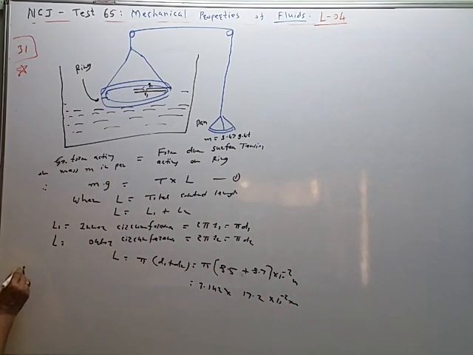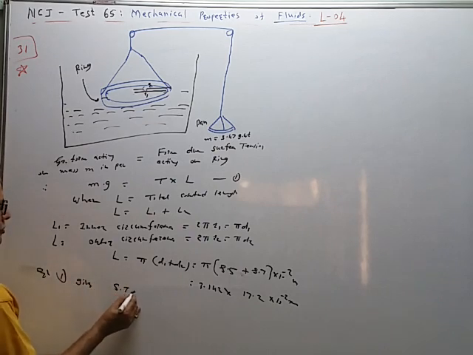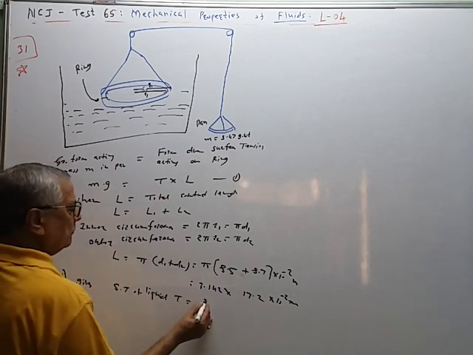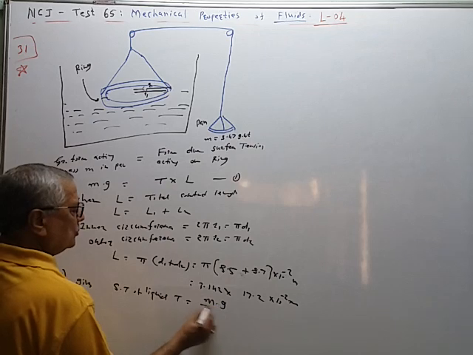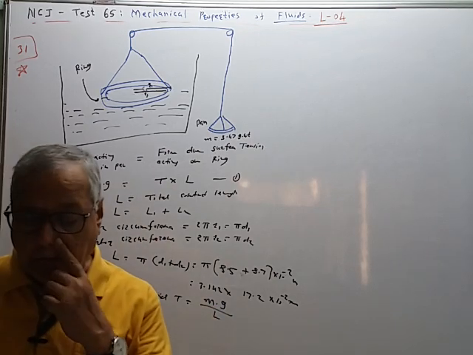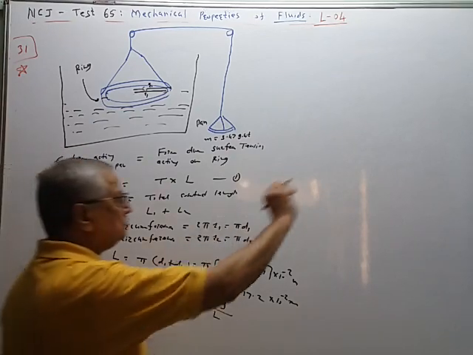Put in 1, therefore equation 1 gives surface tension of liquid T is equal to m into g upon L. So substitute the value.